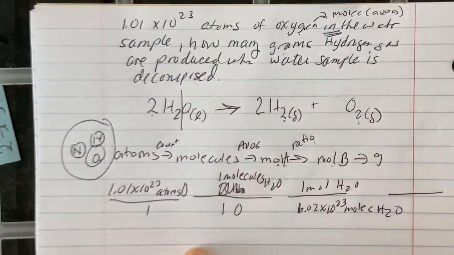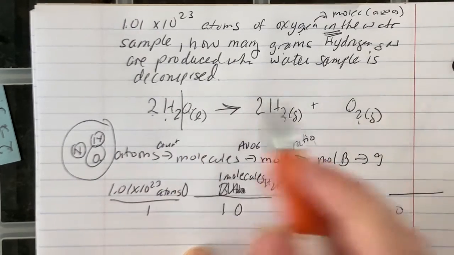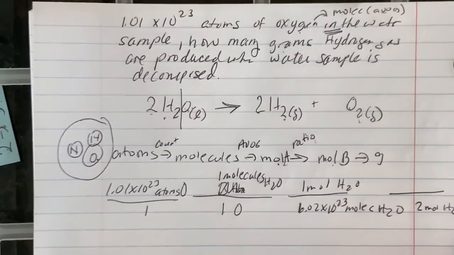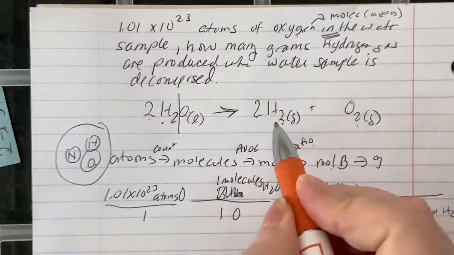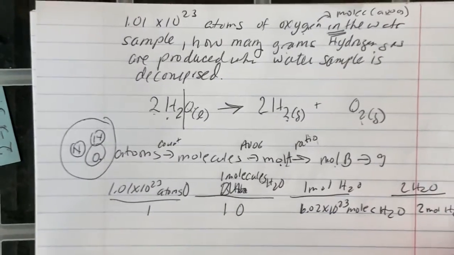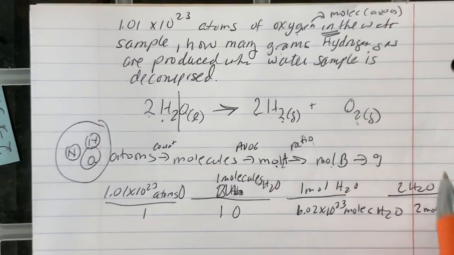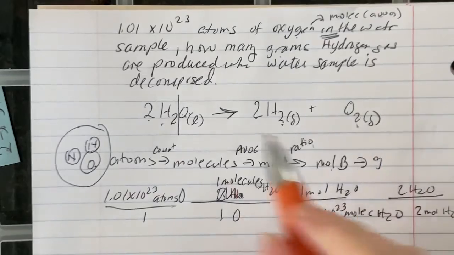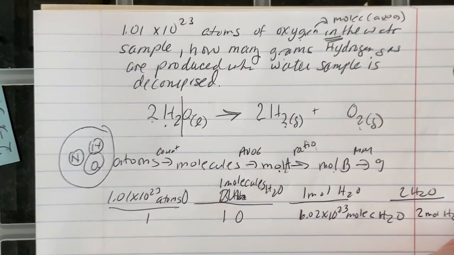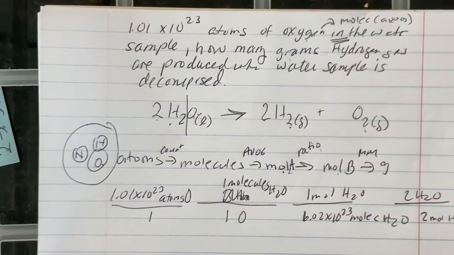We have to use the information up here. 2 moles of H2O for every 2 moles of H2. And then for each mole of hydrogen gas, we have the molar mass, 2.02 grams per mole.